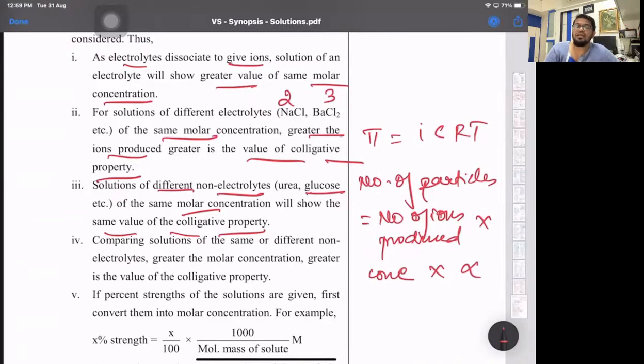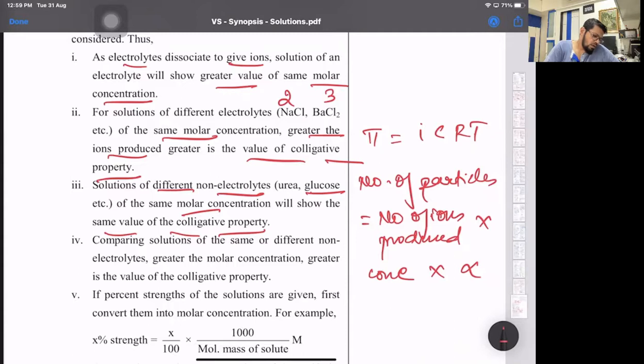When it says assuming complete dissociation, then alpha will be 1. So for NaCl and barium chloride, if both are 1 molar, concentration is 1, number of ions NaCl 2, barium chloride 3, and assuming complete dissociation, alpha is 1, we get the number of particles. So the more the number of particles, the greater the magnitude of colligative property.